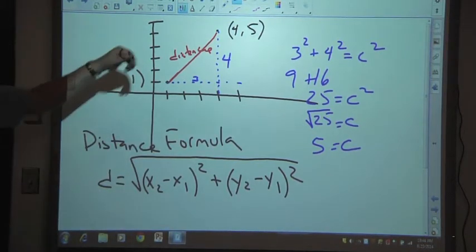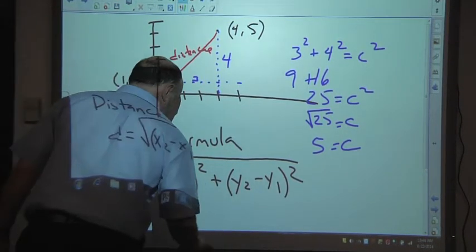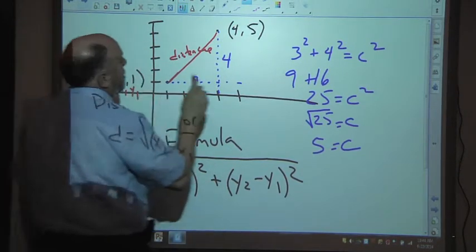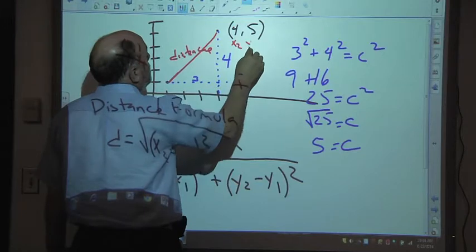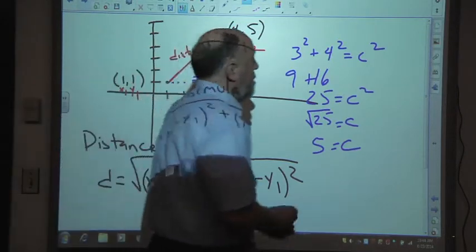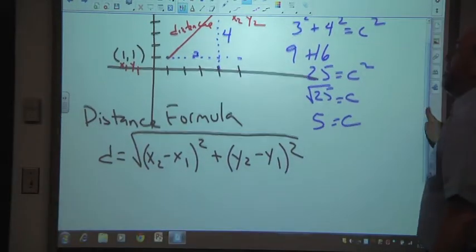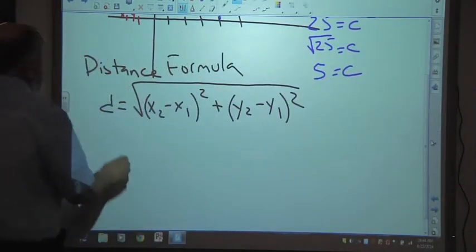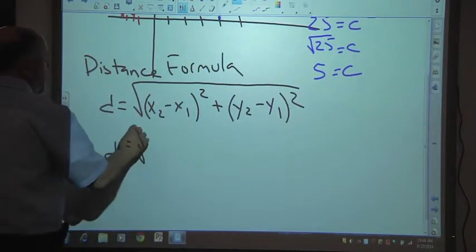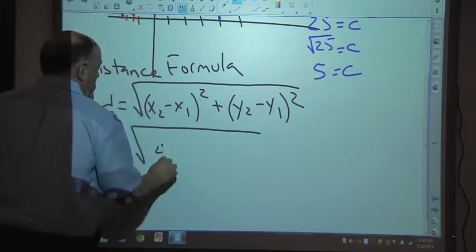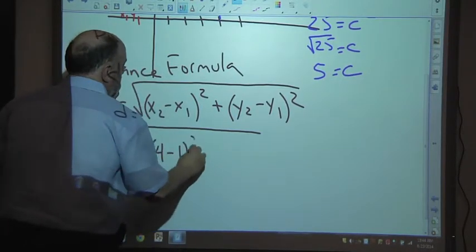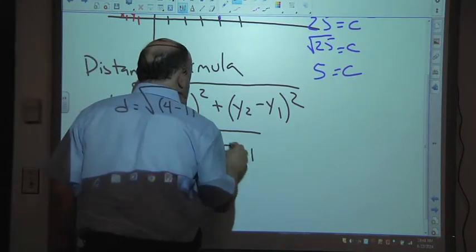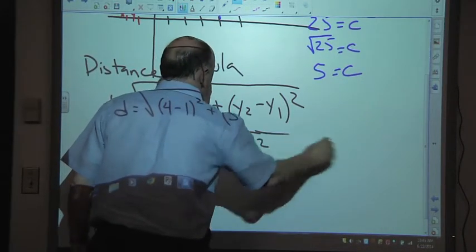So now if I take my numbers from my 2 points I got here, let's call this x1, y1, x2, y2. If I take those numbers and plug them in, we got that my distance d is going to be the square root of 4 minus 1 squared plus 5 minus 1 squared.